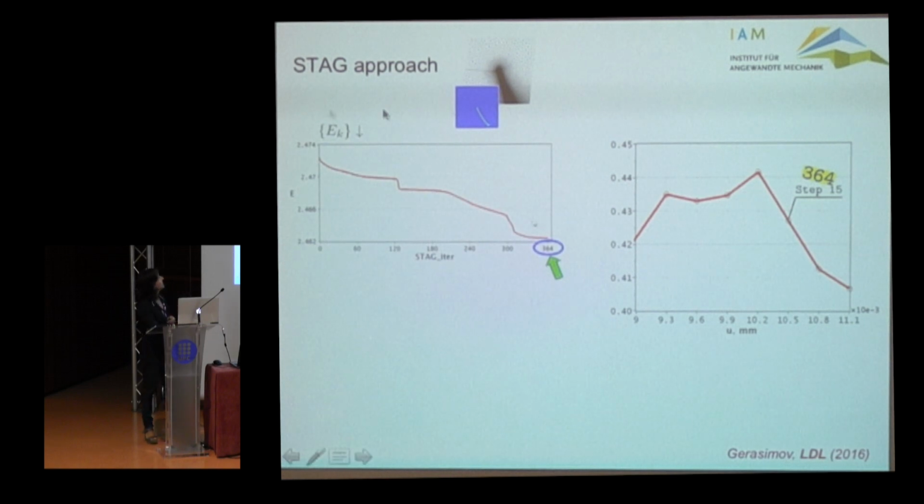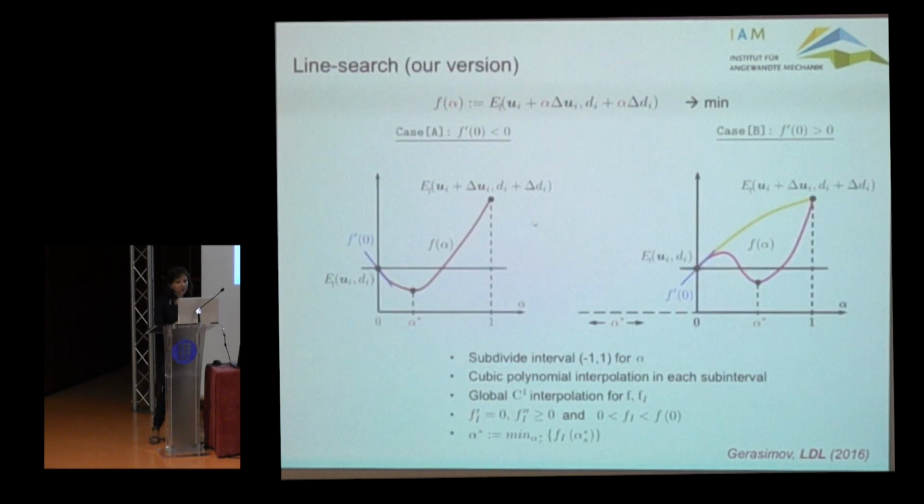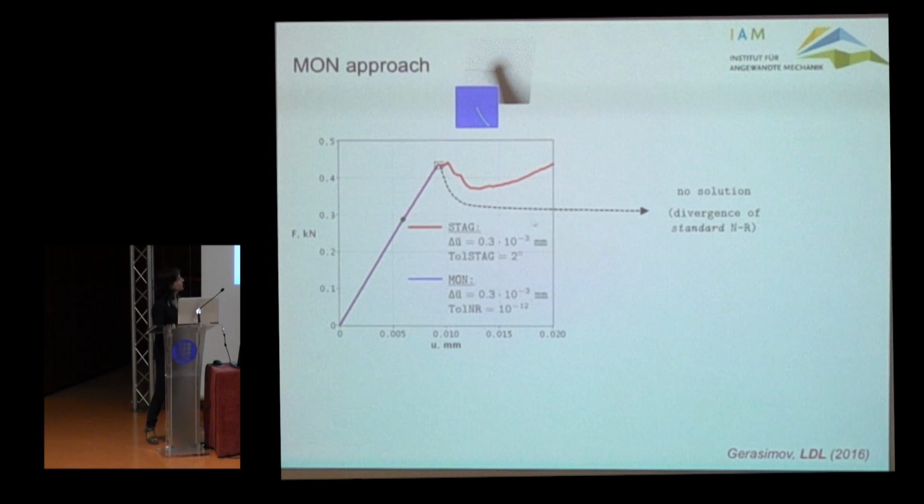And the reason is that the energy tends to decay in a very irregular fashion, because then you can jump from local minimum to local minimum in your search for the global minimum, if you're looking for a global minimum.